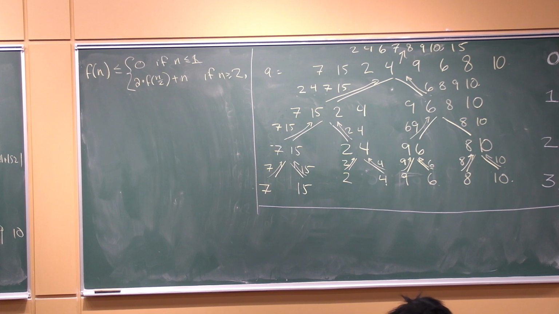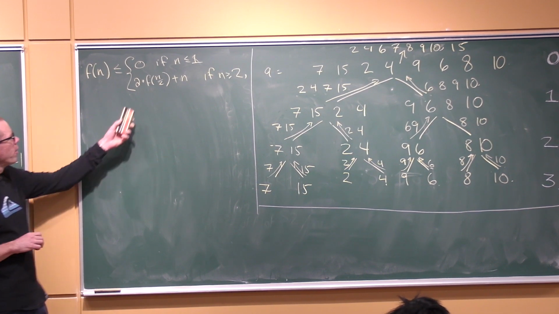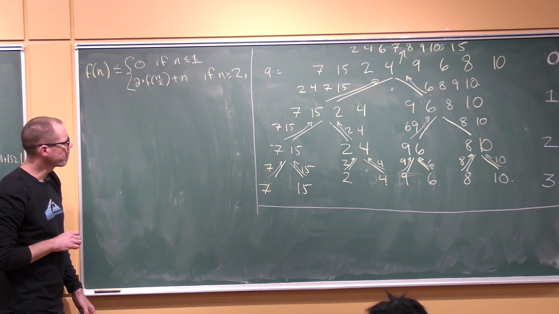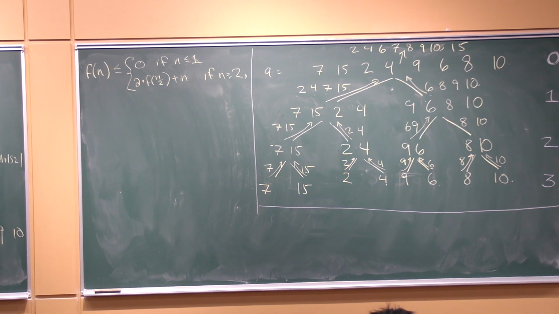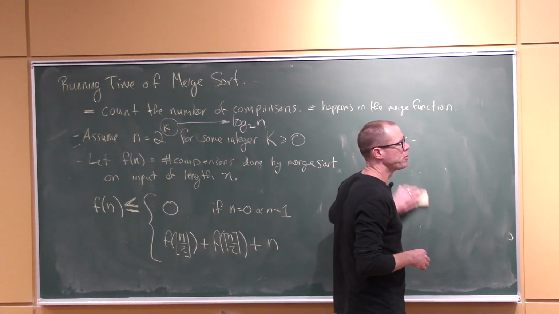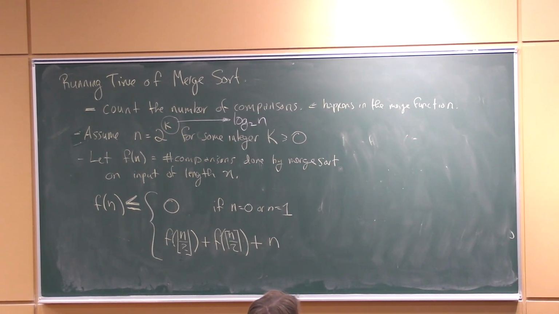So in a later course, you'll learn to solve these things instantly by applying some theorem, but for now, we'd like to figure out some way we can get an intuition for them. In fact, that theorem that I'm talking about is called the master theorem. Usually people forget it and they use their intuition ultimately anyway. So let's just do what we did there, but with some more abstract version of this picture here.